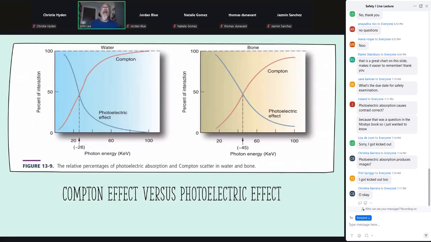Here's one slide that shows us Compton effect versus photoelectric effect and the effect of kV. As an instructor and educator, I've been to many conferences, and this is one conversation that always comes up: whether or not increasing kVp increases Compton scatter, or scatter production.